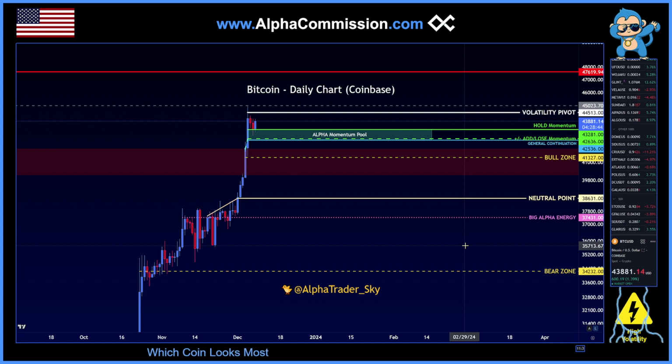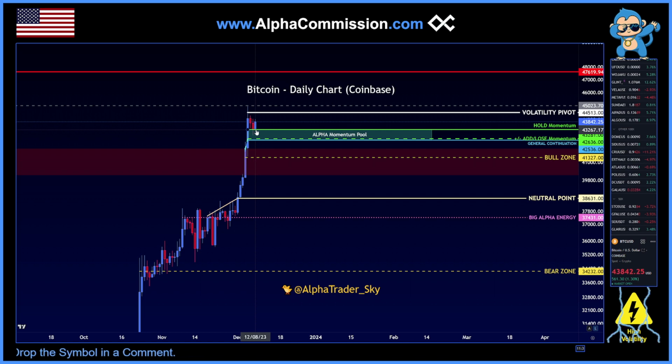It's for the close yesterday, and what you can see is that I had a hold momentum level here. Essentially, that meant that if price action didn't violate the bottom of this candle, if we didn't close underneath that candle, we would hold our current momentum.